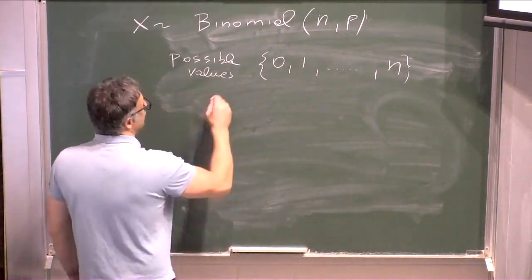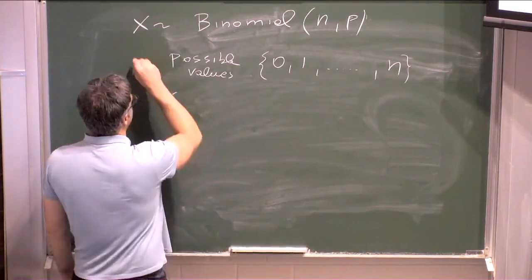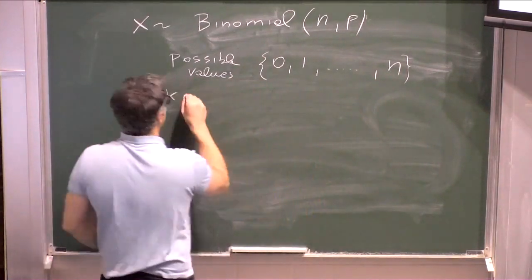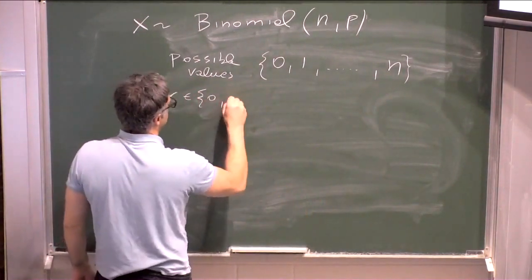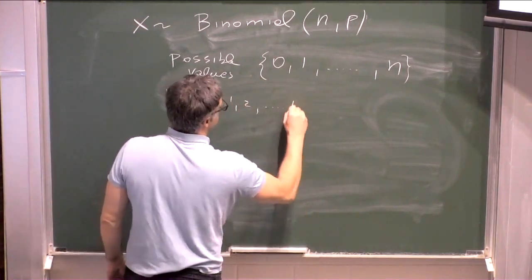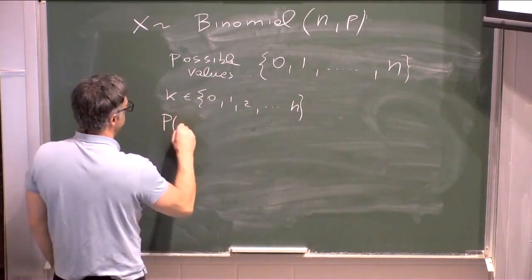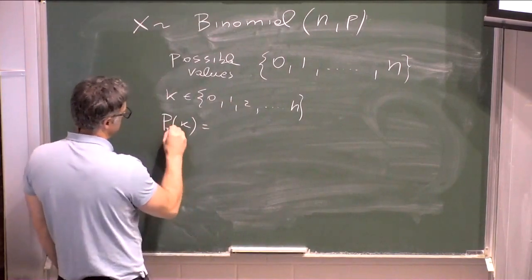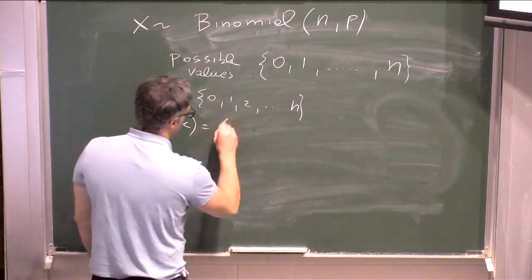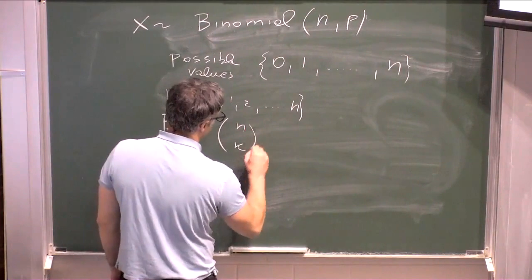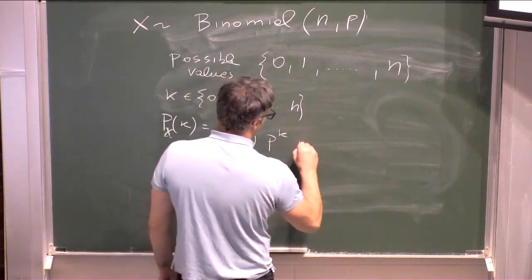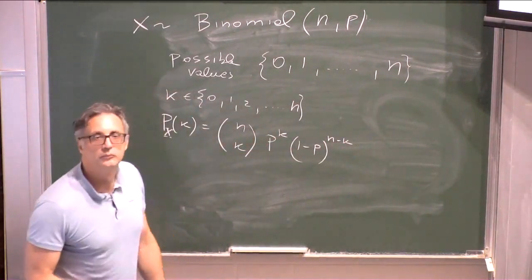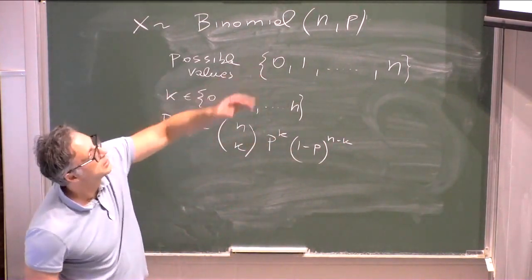What I can tell you is, if k belongs to this set, then the probability mass function is equal to n choose k, p to the power k, 1 minus p to the power n minus k. This is the probability mass function.